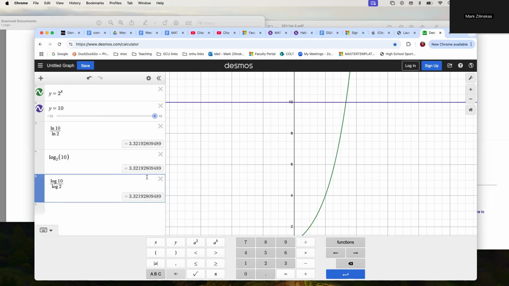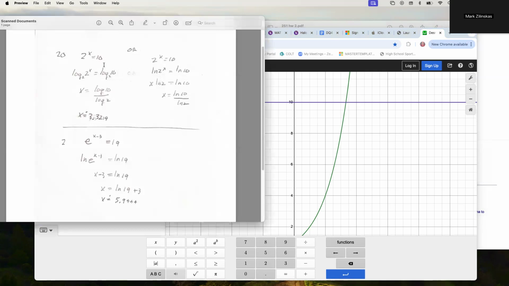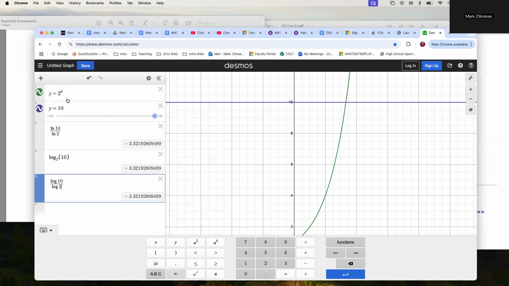Another approach I could take, just like when I showed you in the last video with log equations, I could take the original equation and graph the left side and then graph the right side. I graph 2 to the x and graph y equals 10.